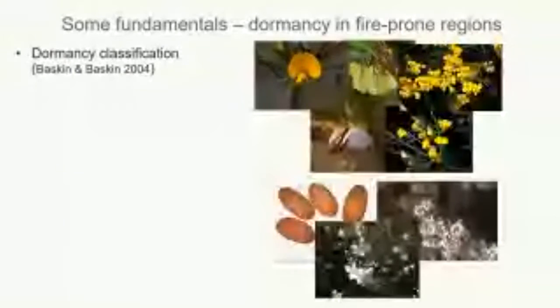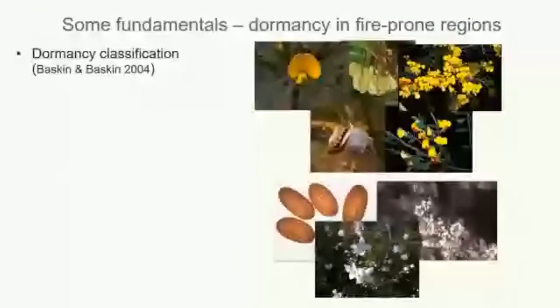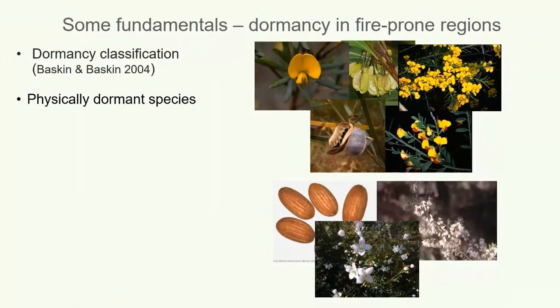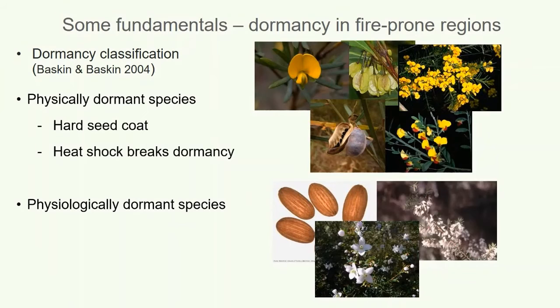So some of the dormancy classes, probably many of you are aware of, well, the two main ones at least that are important, I think, in fire-prone systems are physically dormant species and physiologically dormant species. Physically dormant species have that hard seed coat and mostly overcome that dormancy by a heat shock driven by the passage of fire.